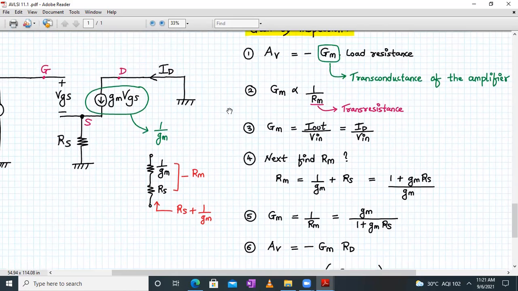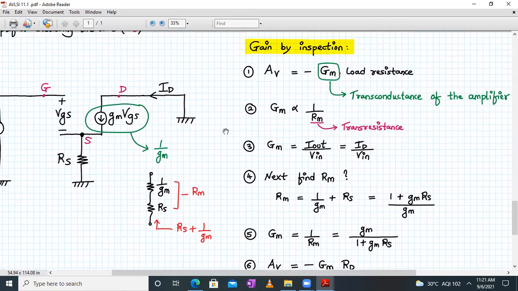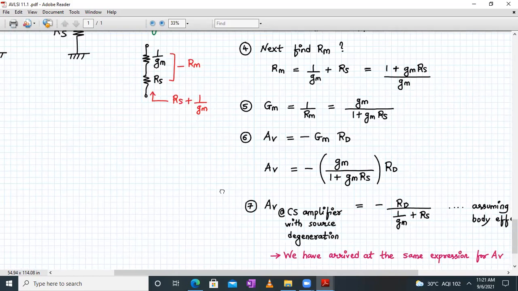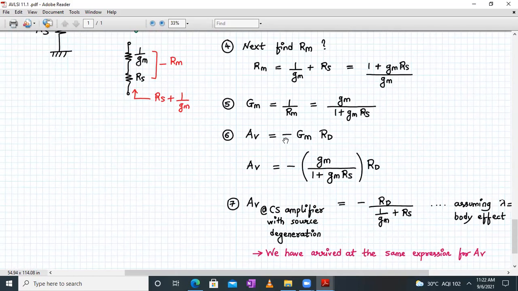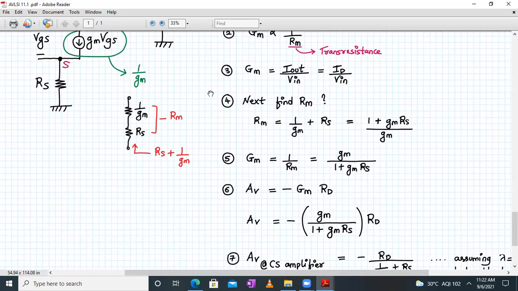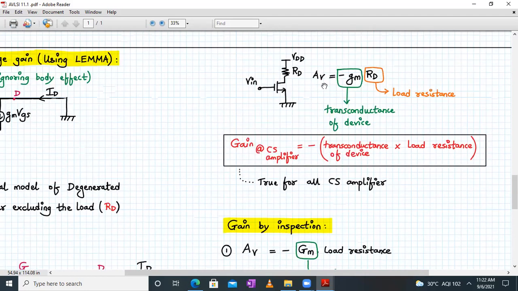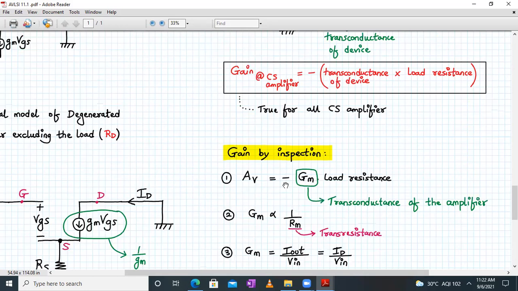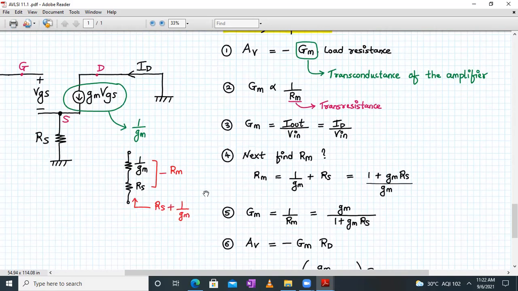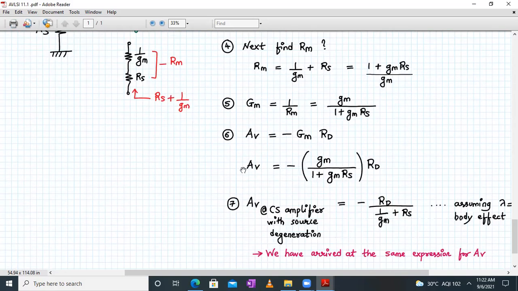Now, what was the voltage gain of the circuit? It was minus Gm into the load resistance, and the load resistance is RD. So AV will be minus gm upon 1 plus gm RS.